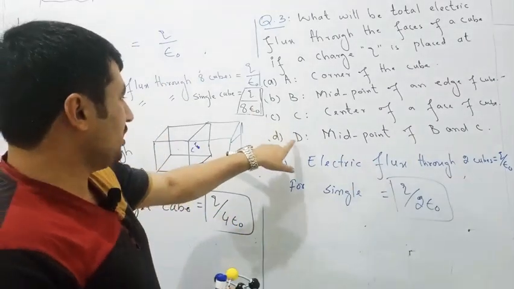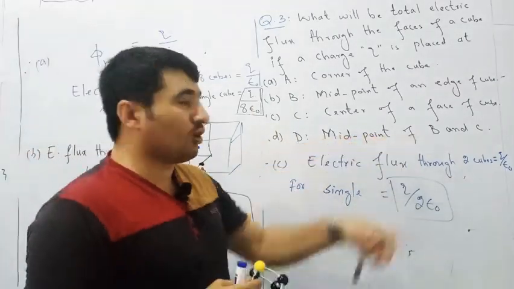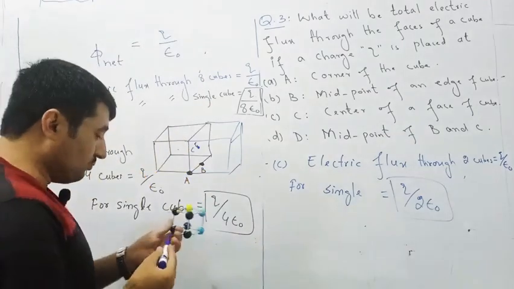Next, last one, midpoint of B and C. You have 2 points.